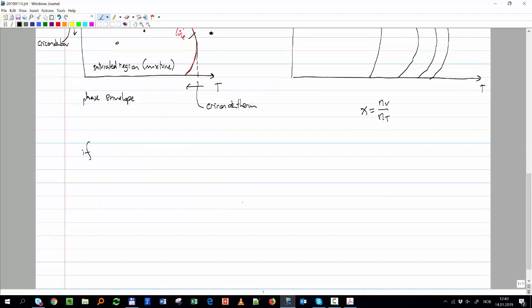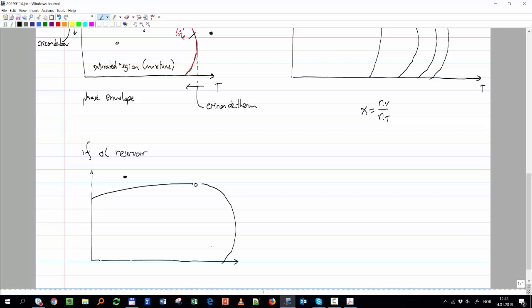If I'm talking about an oil reservoir, then the pressure and temperature of the reservoir should probably be where I have just pure liquid, so it will be something like that. Maybe let's put it a bit higher. So I have PR, reservoir pressure, and TR, reservoir temperature.